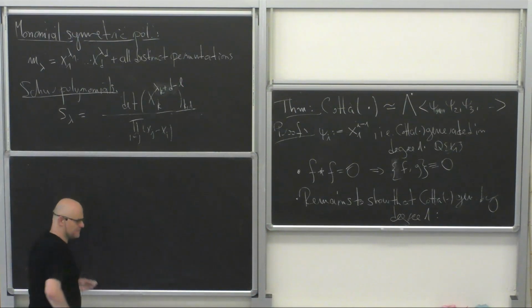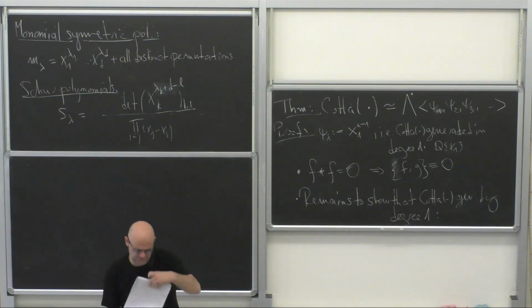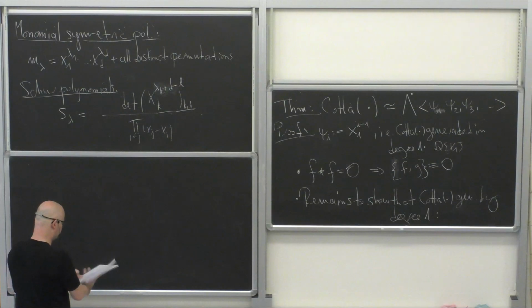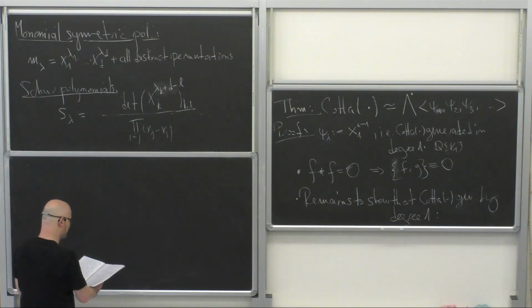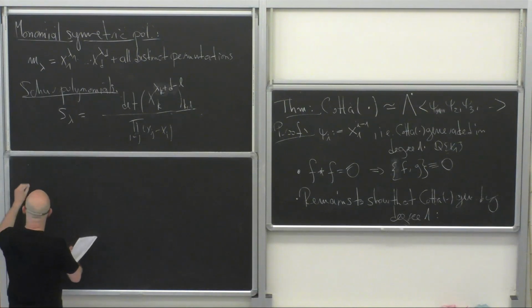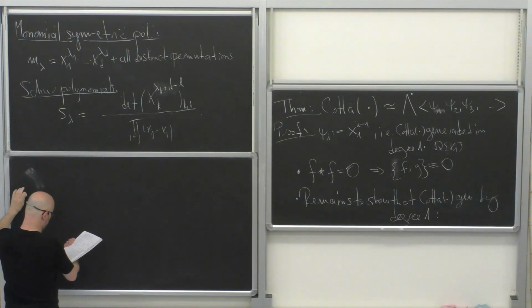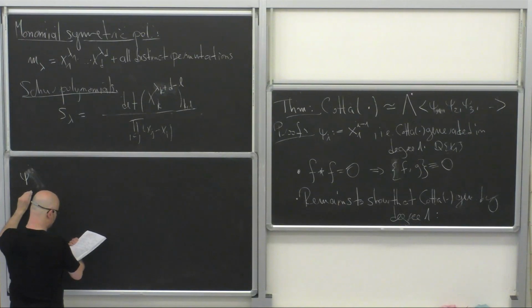Okay, and for this, let me do the following calculation. Let me take psi with index lambda 1 plus d, psi lambda 2 plus d minus 1, and so on, times psi lambda d plus 1.